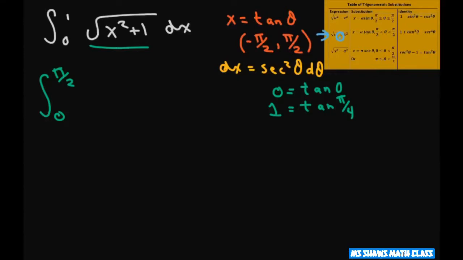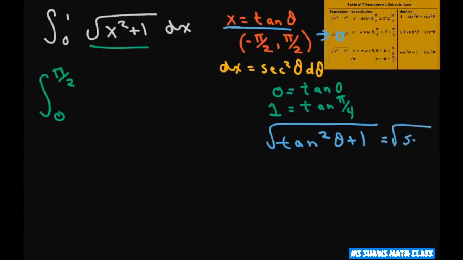Well, let's do that. So if we let x be tan theta, we get the square root of tan squared theta plus 1, which equals the square root of secant squared theta, which equals secant theta. And we don't have to put absolute value signs in because of our restrictions.